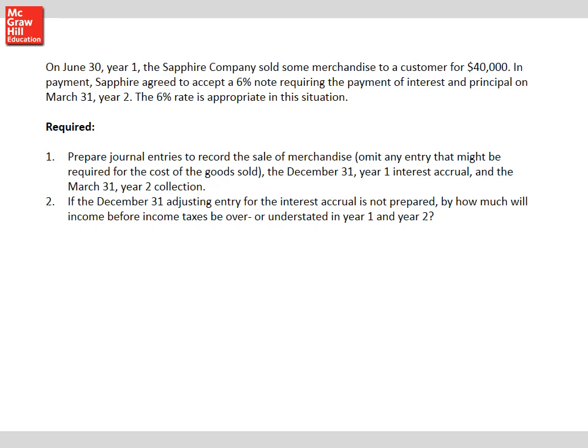Pretty straightforward here. The first thing we're going to do is record the sale of the merchandise using a note. We're going to omit cost of goods sold. We're then going to do any interest accrual at the end of the year, and then the ultimate collection on March 31st of year two.